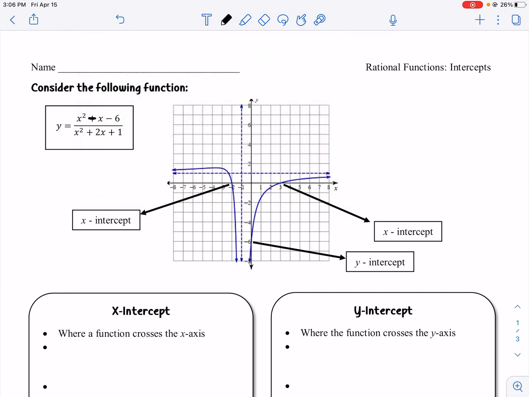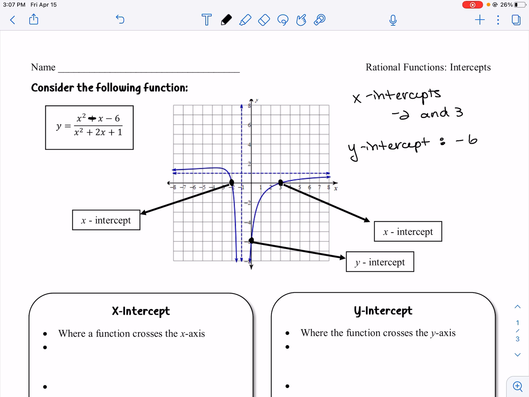All right, so this function is graphed, and we were trying to find the connection in class about where the x-intercepts come from and where the y-intercept comes from. You can see that there are two x-intercepts. Those include -2 and 3, and the y-intercept in this case is -6.